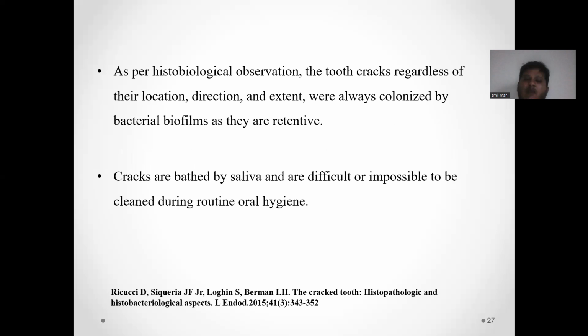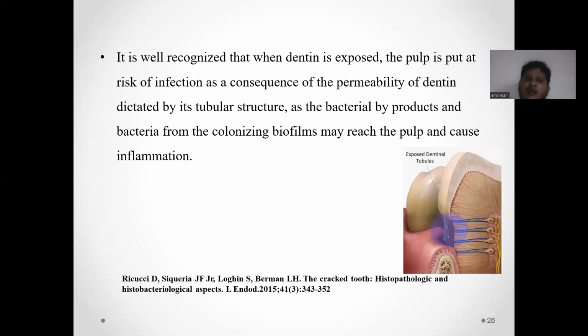Cracks are bathed by saliva and are difficult or impossible to be cleaned during routine oral hygiene. It is well recognized that when dentine is exposed, the pulp is put at risk of infection as a consequence of permeability of dentine dictated by its tubular structure.